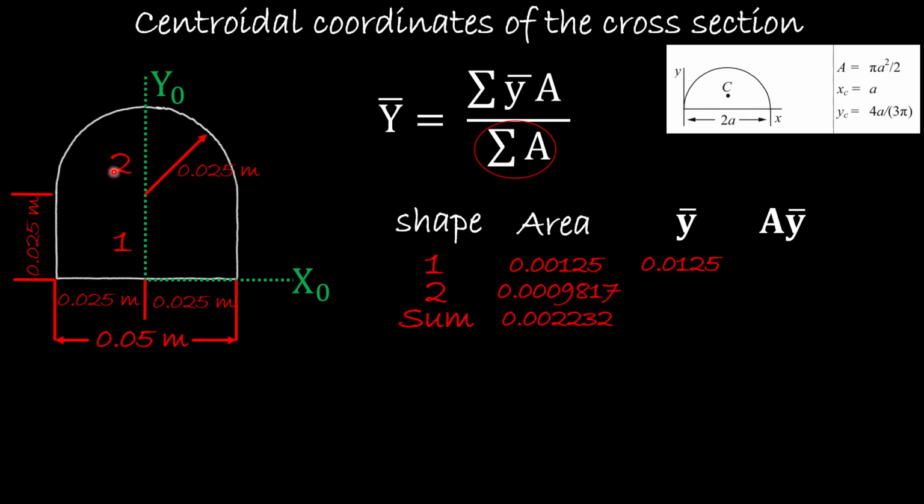But for shape number 2, the vertical, this is a semicircle, so we can refer to our semicircle shape in here. And as you can see, we are interested in finding the vertical coordinate, which will be this one that runs through the center. So we will use this expression, but remember, we start from the bottom of the beam.